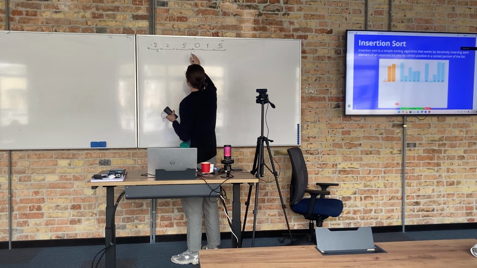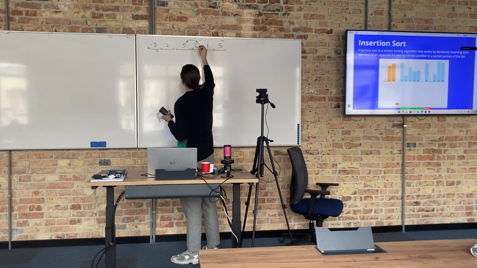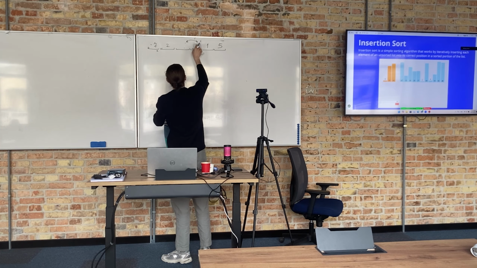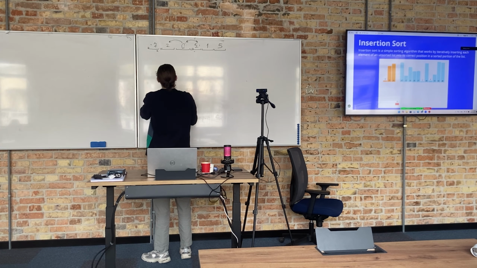And then our current element will be with index 3. This is 0. And we check if 0 is less than 5, we swap them. So now it will look like this. Then if 0 is less than 2, we swap them.